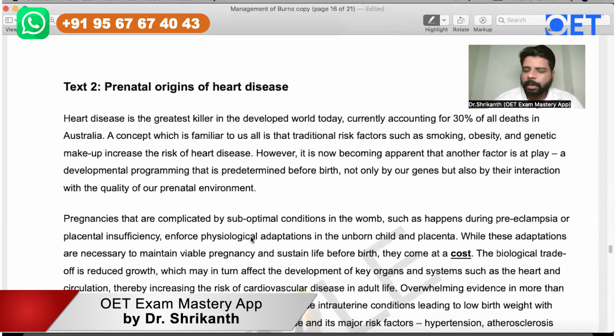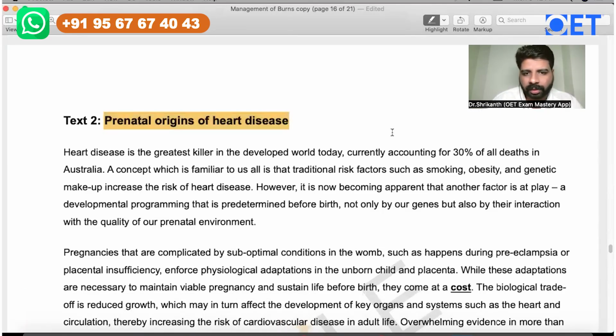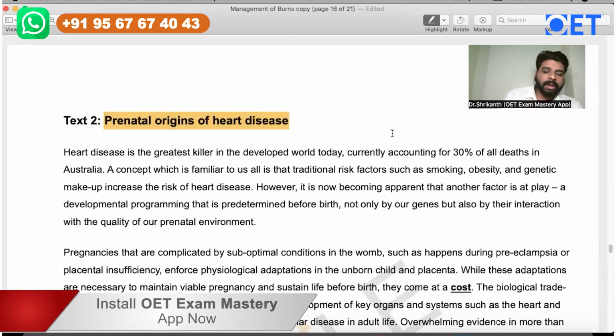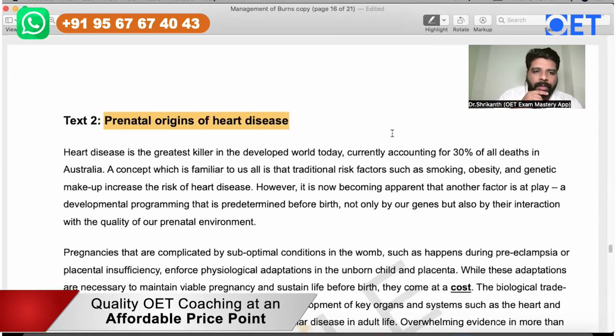The main topic over here is prenatal origins of heart disease. Prenatal basically means even before birth, like the neonatal ICU, where small infants are placed. So heart disease happening in human beings even before they are born, and how it originates, is what we call prenatal origins of heart disease.